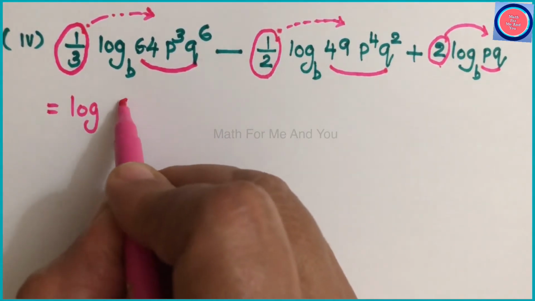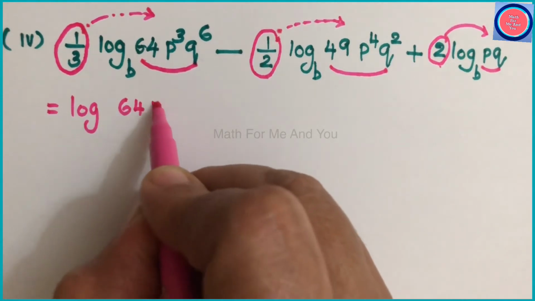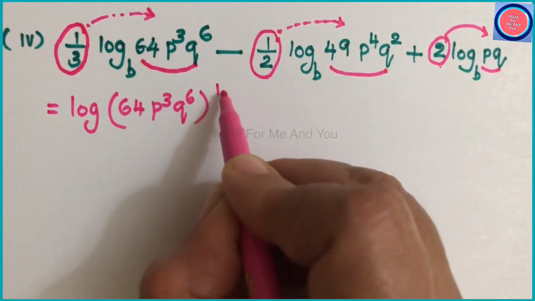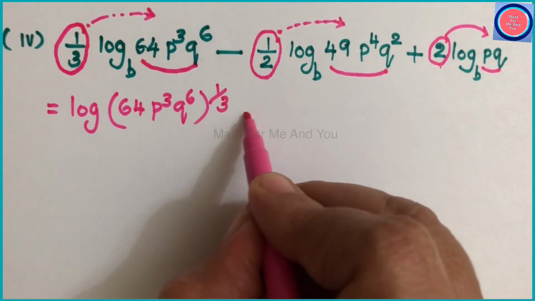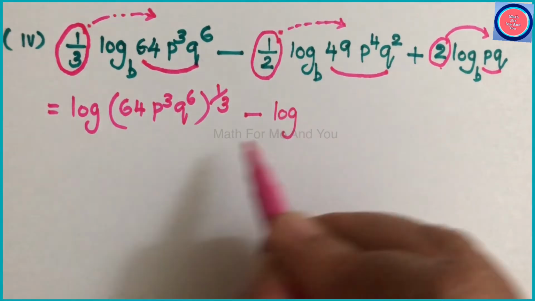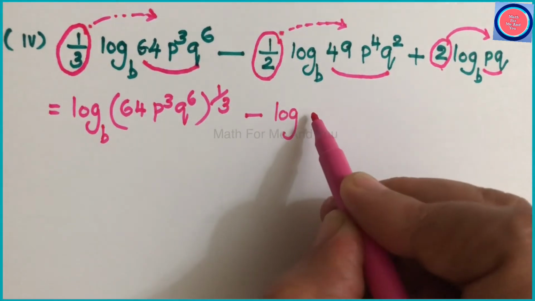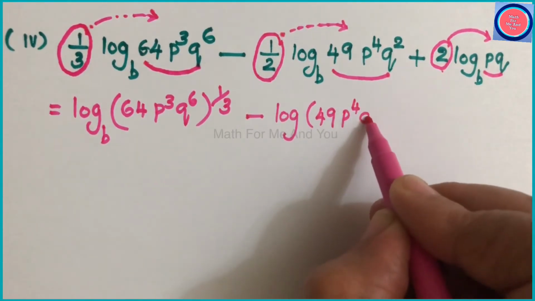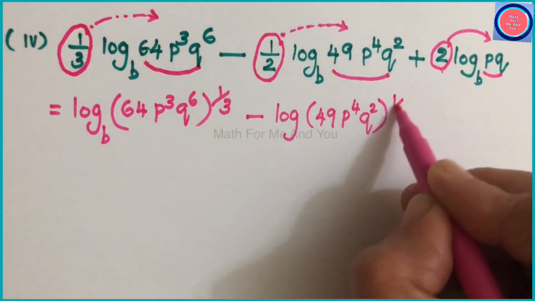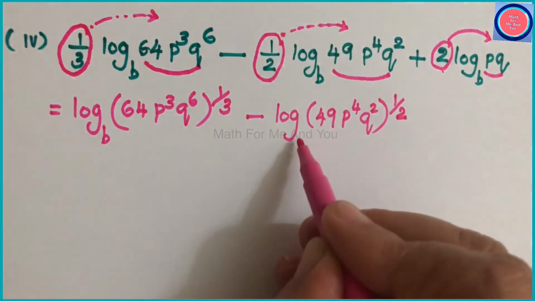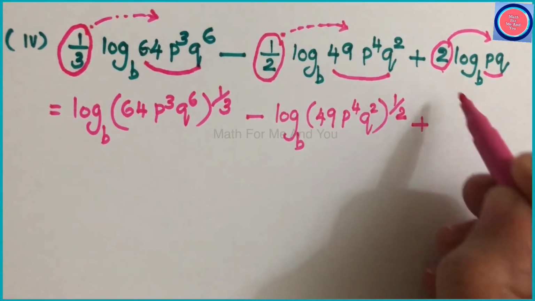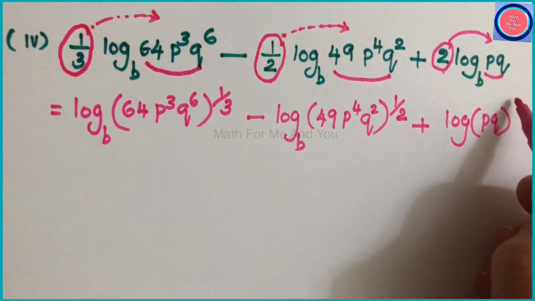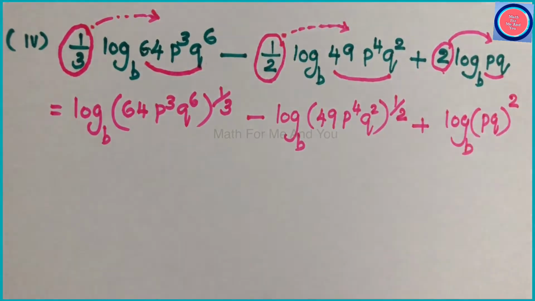So write log to the base b of 64 p power 3 q power 6 with the power 1 over 3, minus log 49 p power 4 q power 2 with the power 1 over 2 to the base b, plus log pq to the power 2 to the base b.